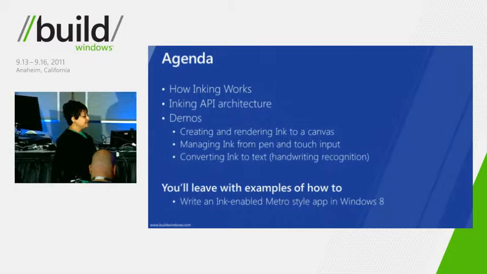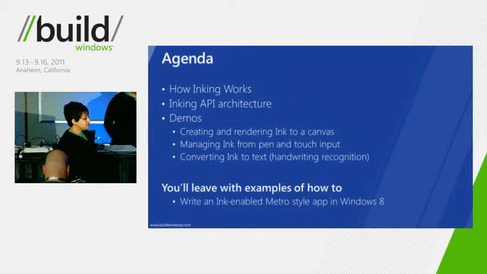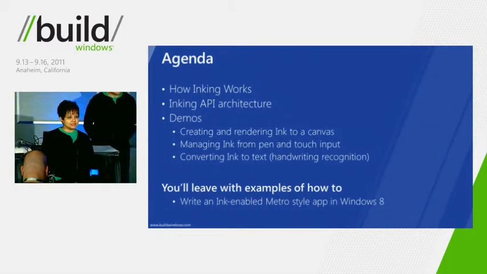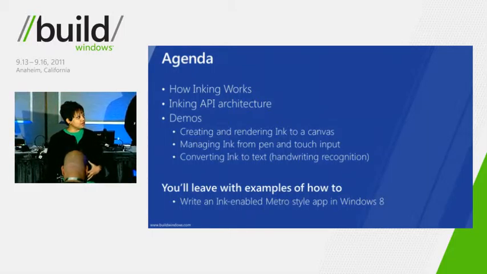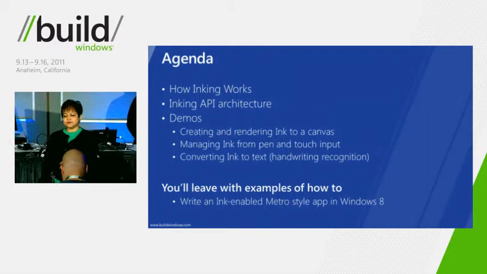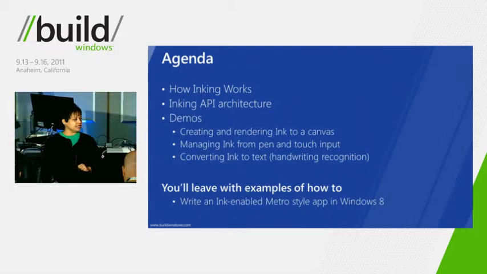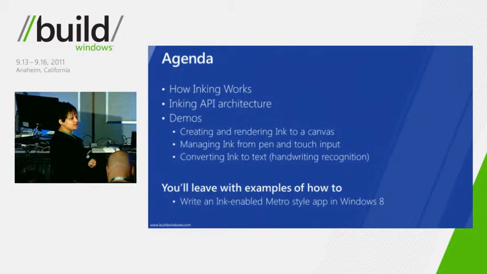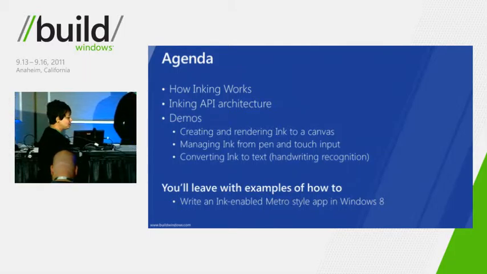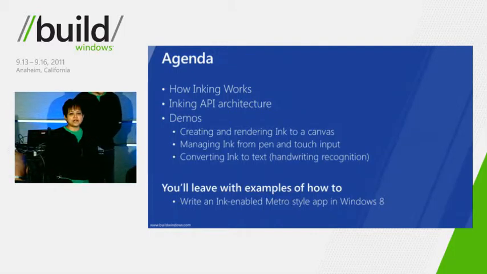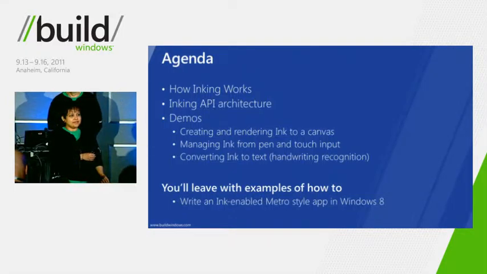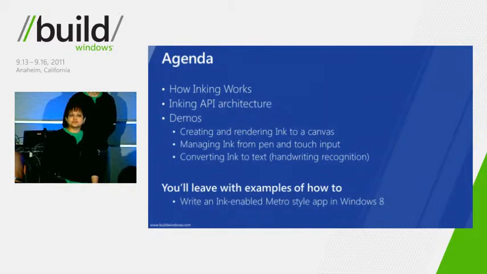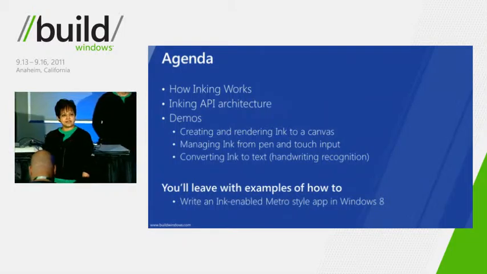So today, Jay and I are here to take you through this ink journey of how inking works, the new capabilities of the inking API. A lot of our talk will be focused on demo, and that's what I think you guys want. I will do the front-end user experience using the InkPad app, which all of you have on your machines, and then Jay will take you through the code behind the actions that I demo.